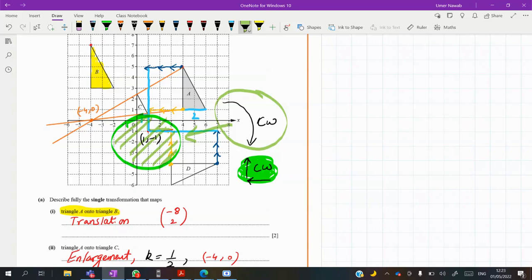The third method is the construction technique, which I shared a video about: you pick a point and the corresponding point and draw a perpendicular bisector, and then you pick another pair of corresponding points and draw a second perpendicular bisector. Where the two perpendicular bisectors intersect, that point is the center of rotation, and that point has to be 1, minus 1.